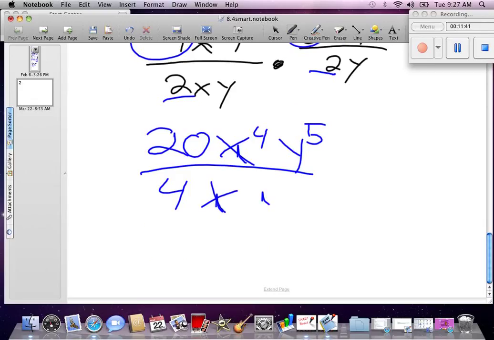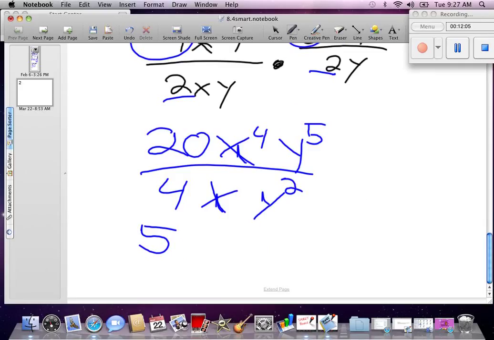So it's y squared. Now I'm going to divide. What's 20 divided by 4? 5. And that 5 would go on top because the bigger number's on top. I've got 4 x's here and I've got 1 x here. Remember, you're subtracting because it's division.